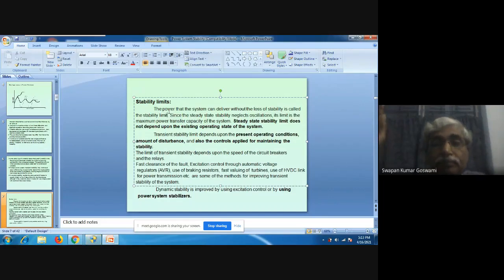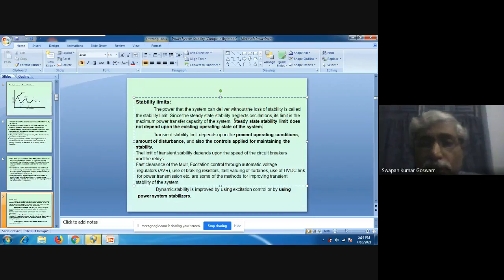So here the stability limit is the power corresponding to the peak of the power angle curve. Since steady state stability neglects oscillation, its limit is the maximum power transfer capacity of the system. Steady state stability does not depend upon the existing operating state of the power system.